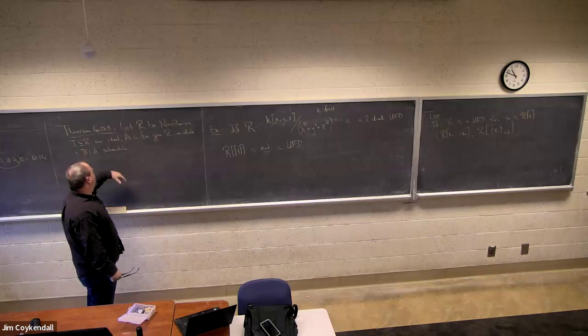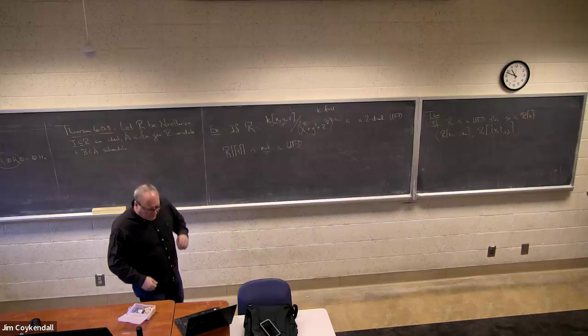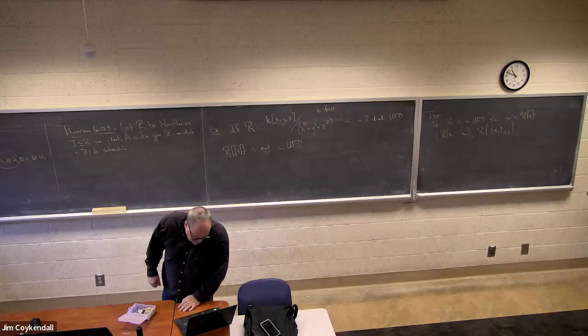A is just some finitely generated R-module, and B inside of A is some submodule of A.